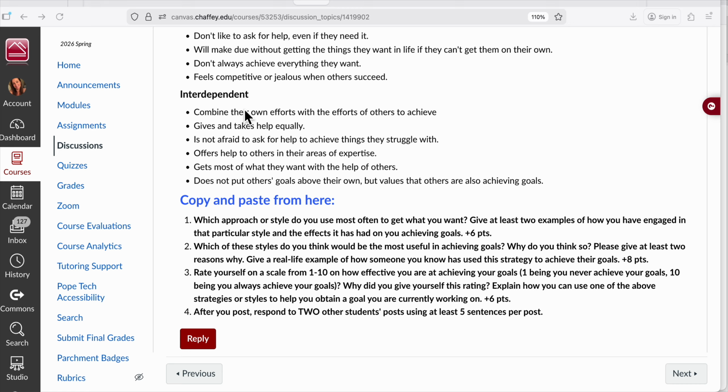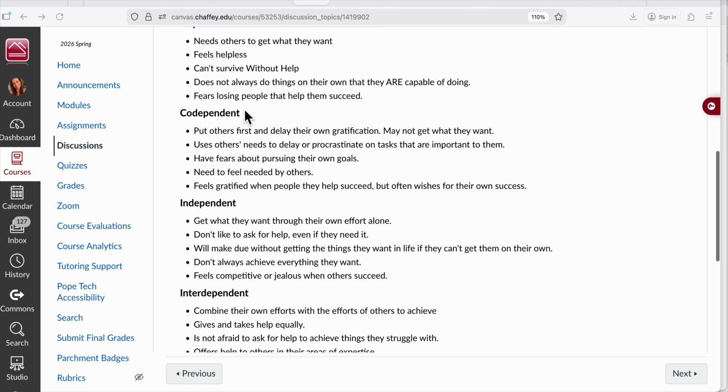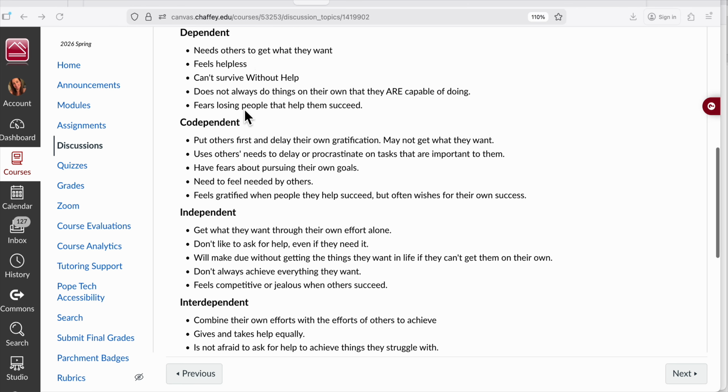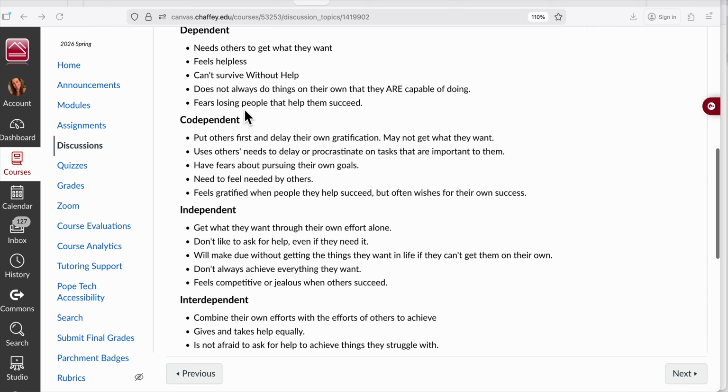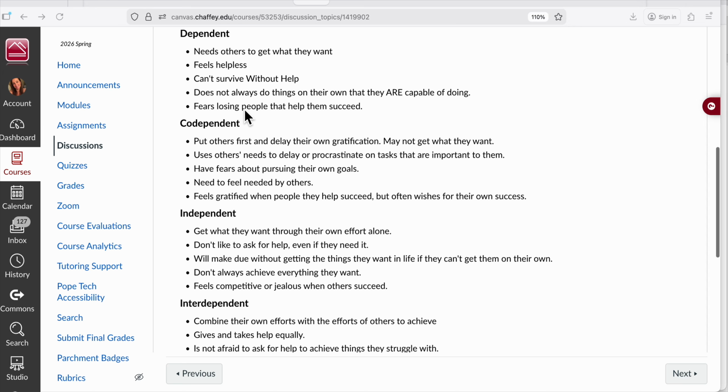Again, now I want you to think about which approach or style you use most often, because you probably have times where you're all of these in different relationships or situations, but think about how you most of the time go about achieving your goals. Which relational style do you use when you're achieving your goals? Do you rely on other people to do everything for you?